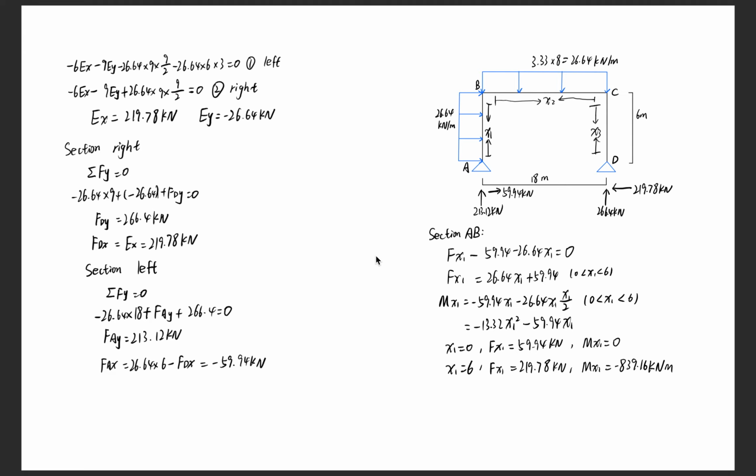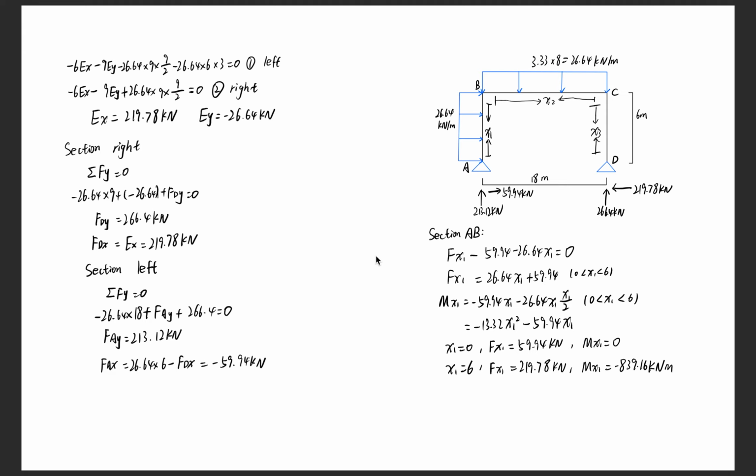First, we divide it into 3 parts: x1, x3, and x2. And for the sections, we will calculate section AB. For section AB, we got the equation Fx1 minus 59.94 minus 26.64 times x1 equal to 0. We got Fx1, which is limited to 0 to 6.